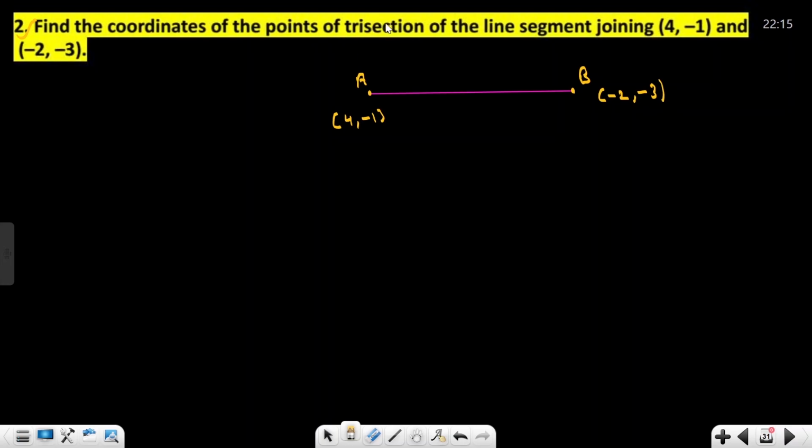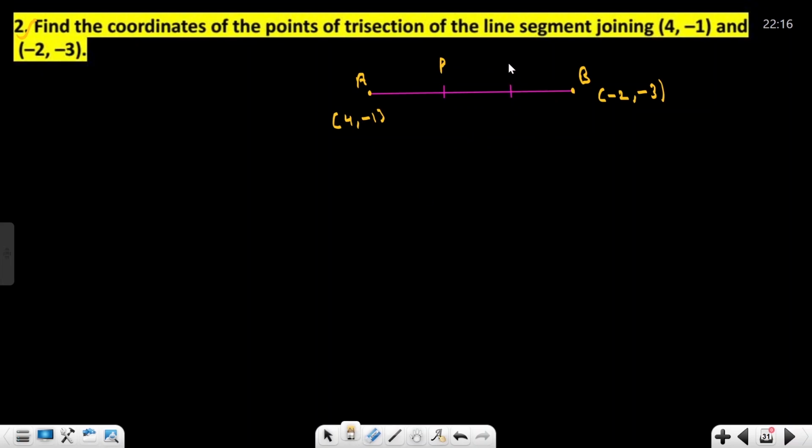Okay, trisection means 3 sections of the line. How do we make 3 sections of the line? Equal sections. So we cut the line by 2 points.